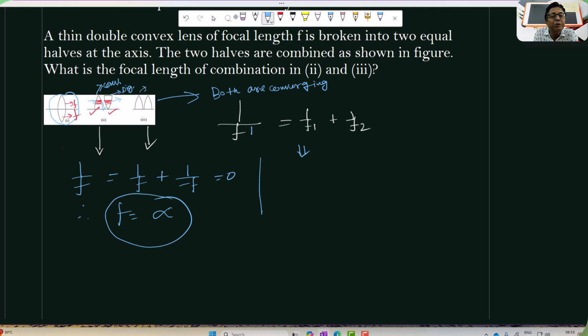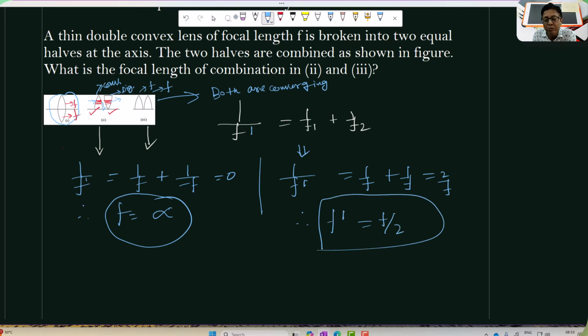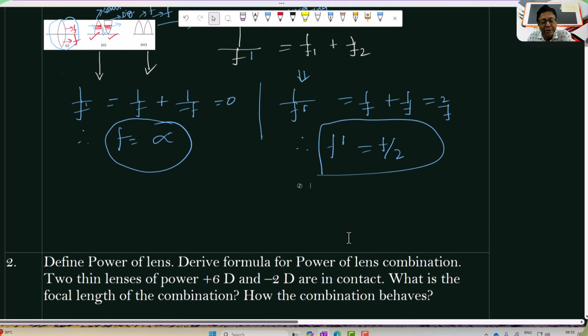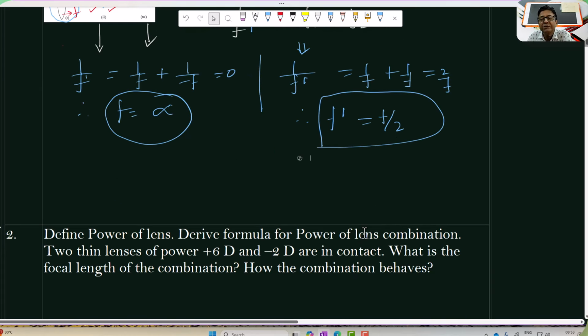Original focal length for this one is f, for this one is f. So 1 by f dash will be 1 by f plus 1 by f, 2 by f. So f dash is going to be f by 2. The focal length is going to be f by 2 in this case.